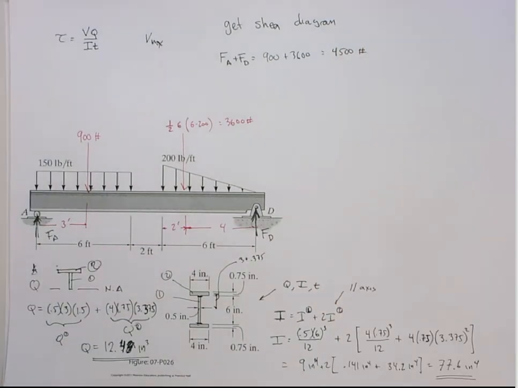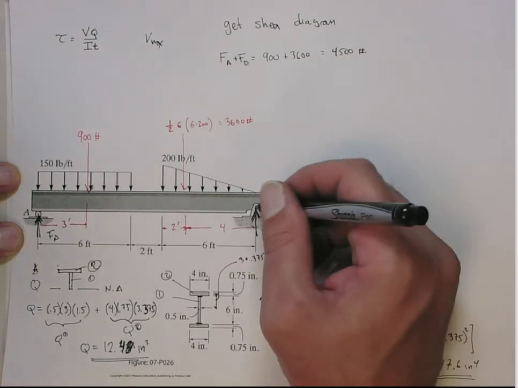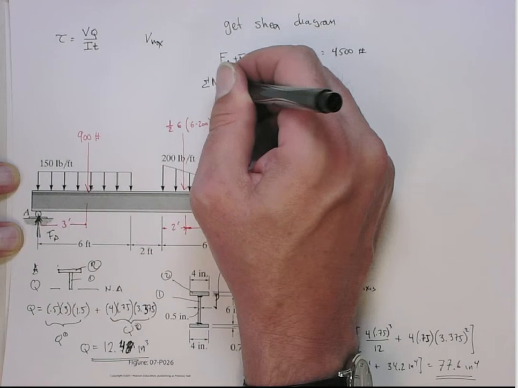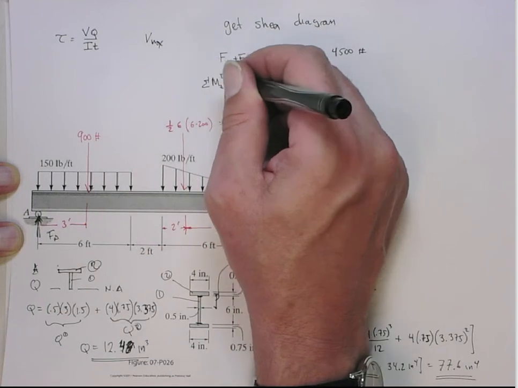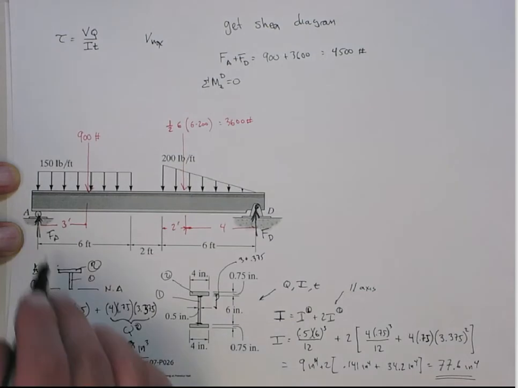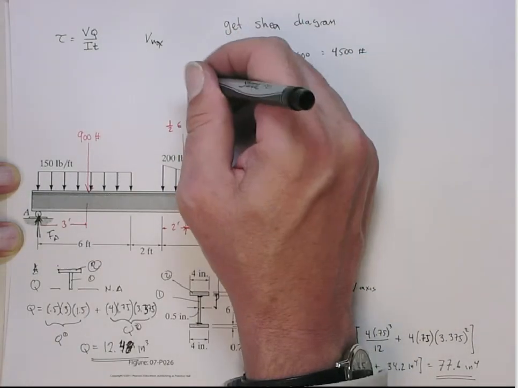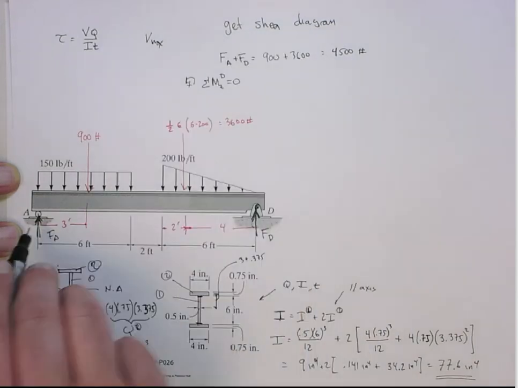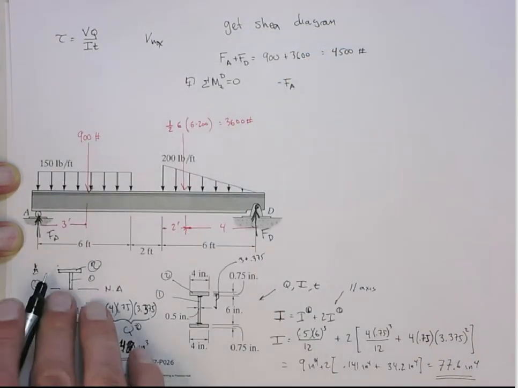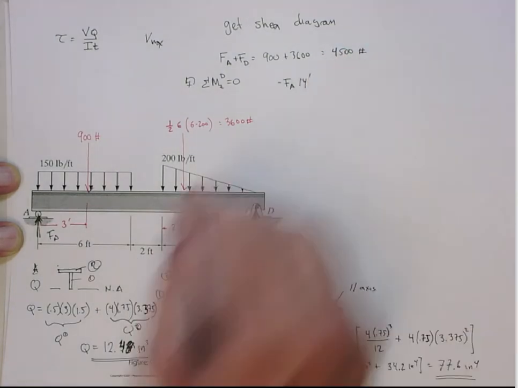Okay? Now let's do sum of moments around point D. This is about the z-axis, about point D. That's obviously going to equal 0. So we have the FA, all right? And that's a positive moment. So FA exerts a negative moment, so we have a minus FA. Its moment arm is 14 feet.